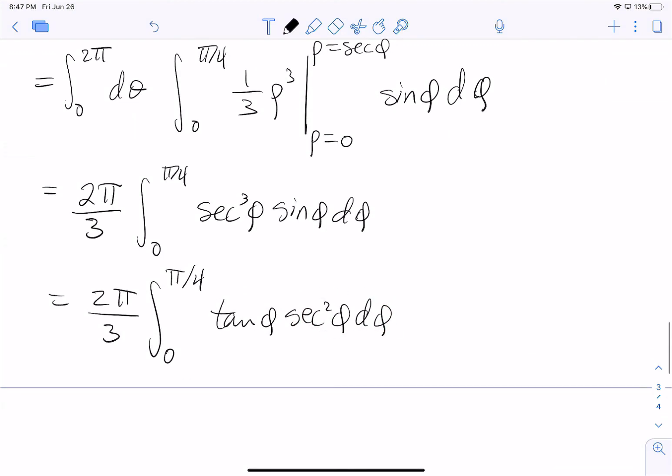And so we can integrate the tangent using the power rule, 1/2 times the tangent squared of phi, but I have a 2 pi over 3 out front. So that gives me pi over 3 times the tangent squared of phi, evaluated from 0 to pi over 4. Since the tangent of pi over 4 is 1 and the tangent of 0 is 0, this results in an answer of pi over 3.